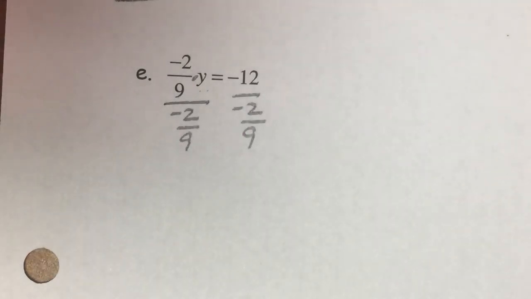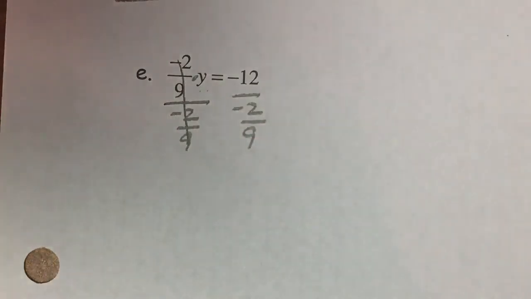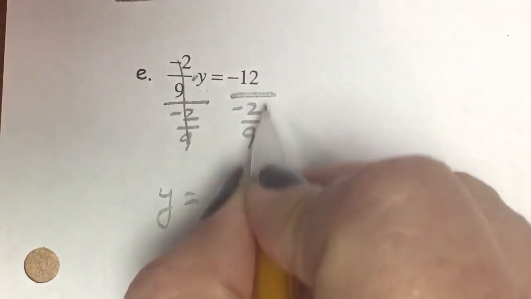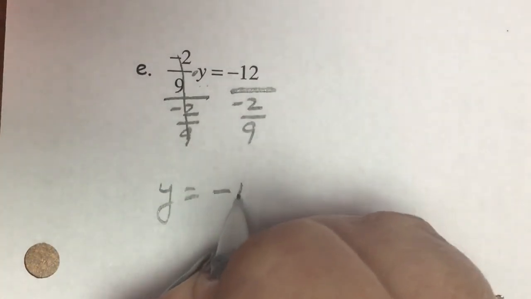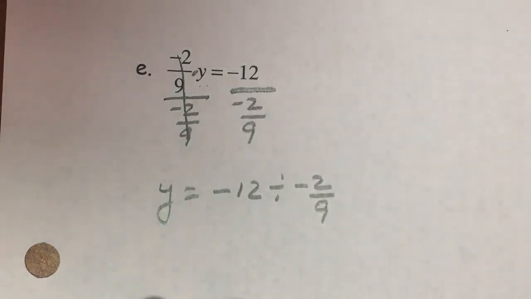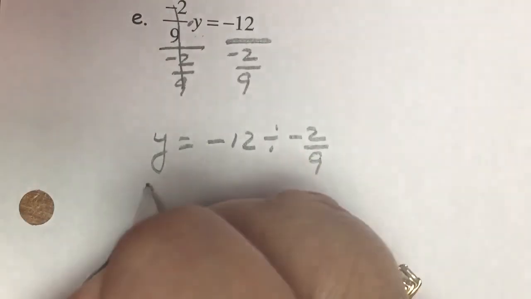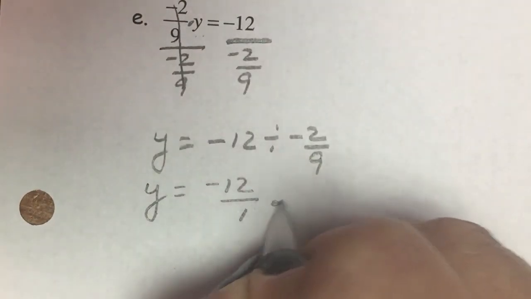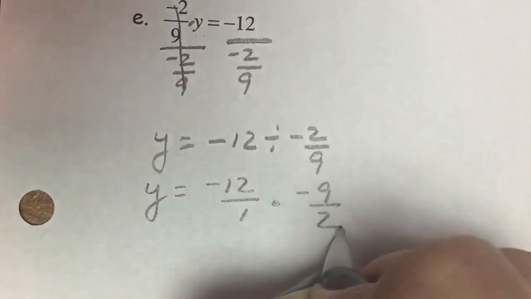Now what you might want to do here is pause the video, do your problem on your own, get an answer, and then come back and check it. I'm going to continue. These cancel. So y is equal to, this is a big old division problem, negative 12 divided by negative 2/9, which is negative 12 over 1 times negative 9 over 2.